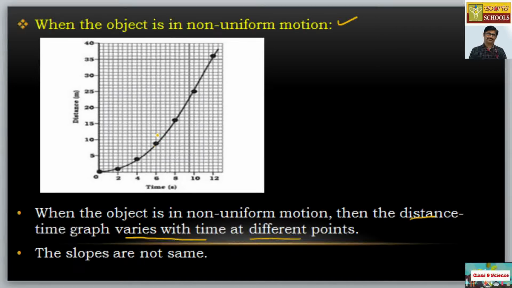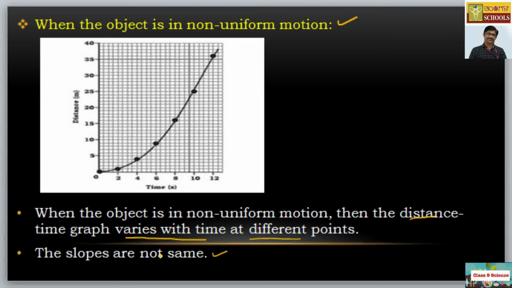When the object is in non-uniform motion, you cannot predict the distance time graph. The distance along with time varies at different points. Therefore here the slopes, if you want to plot, are not the same.